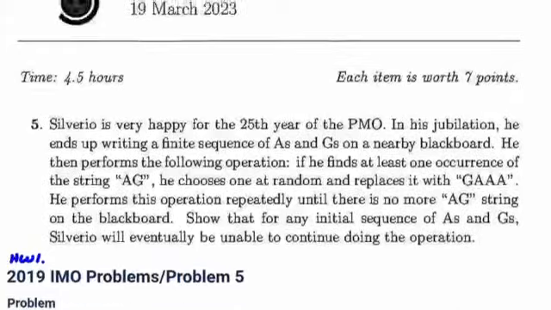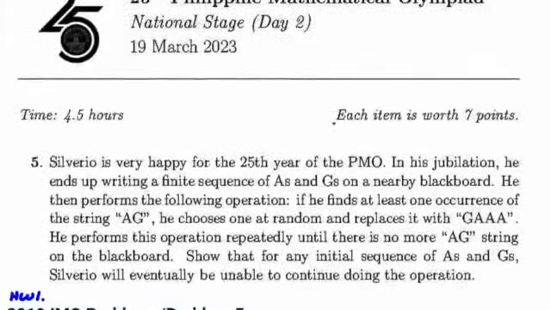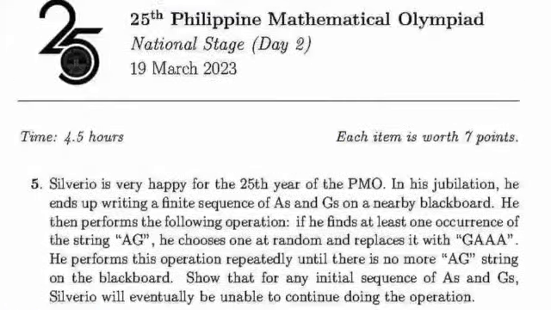Now in this video, we want to focus on the 5th problem of PMO. Let's read. Sileria is very happy for the 25th year of the PMO. In his jubilation, he ends up writing a finite sequence of A's and G's on a nearby blackboard. He then performs the following operation.